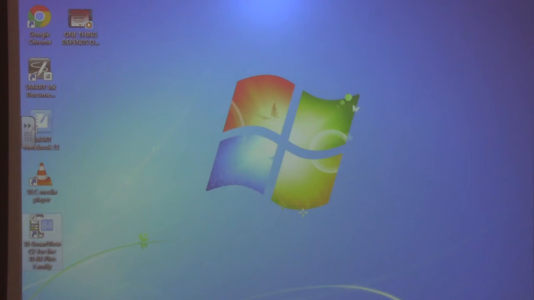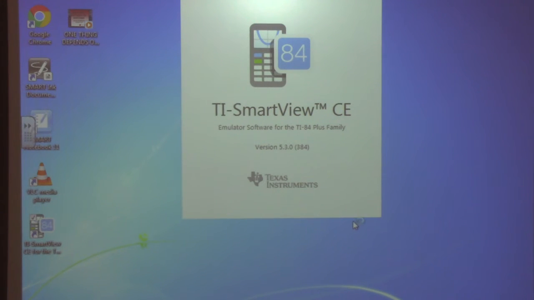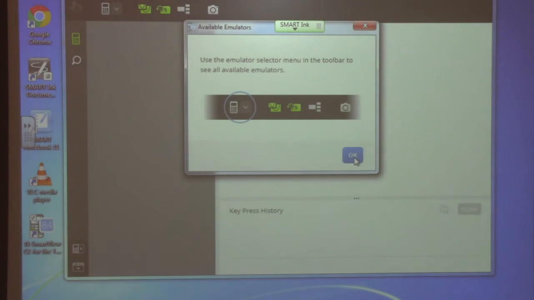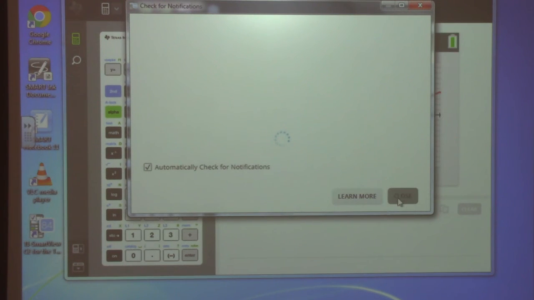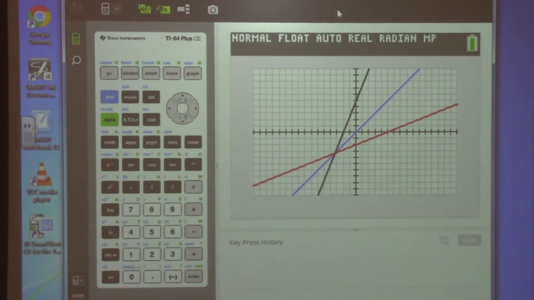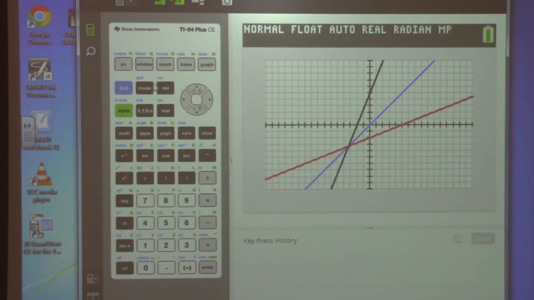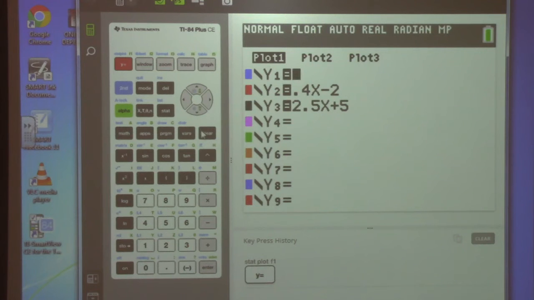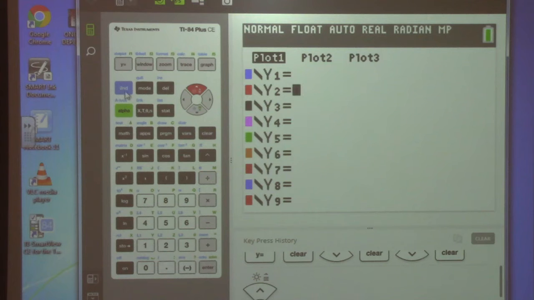There we go, it'll come up. So come over here, clear, clear, clear, and then come up here, and how do we get the absolute value?